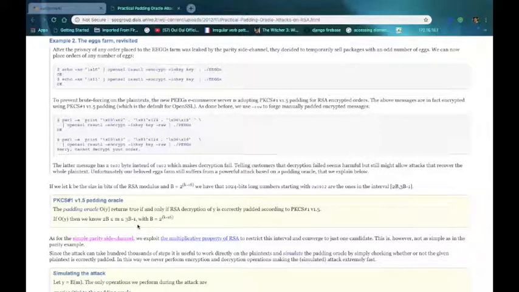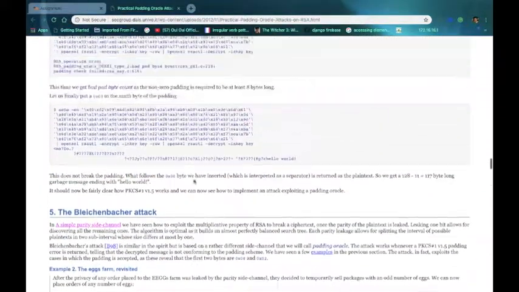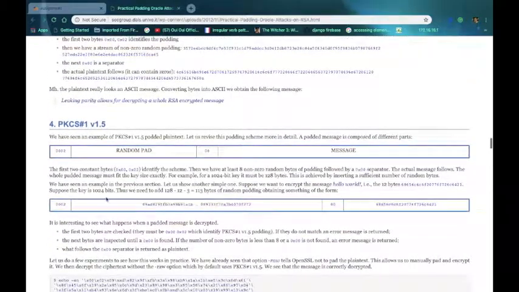So, what the PKCS standard represents is the initial 2 bytes must be 0002, and then it is followed by a series of random padding, and then there is a byte 00 which is followed by the original message.